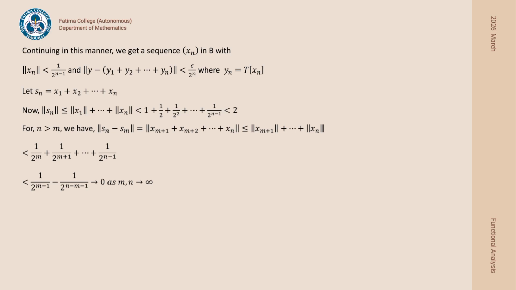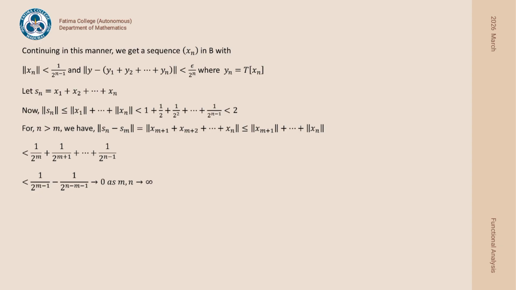Now for n greater than m, let us consider norm Sn minus Sm. We have Sn is equal to x1 plus and so on plus xn, and Sm is equal to x1 plus x2 plus and so on xm. As n is greater, we have Sn minus Sm is equal to xm plus 1 plus xm plus 2 plus and so on plus xn.